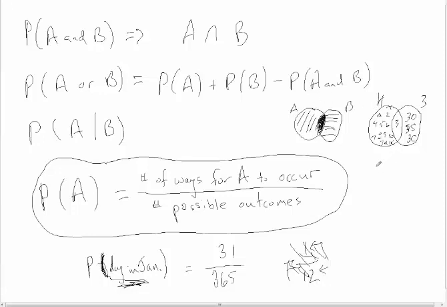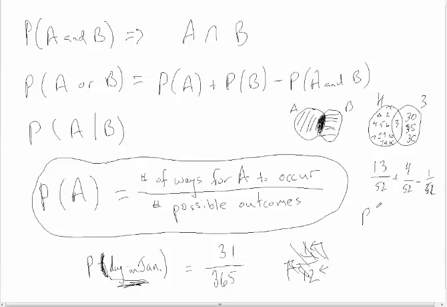So the probability of A or B would be 13 hearts out of 52 cards plus 4 out of 52 threes minus 1 out of 52.